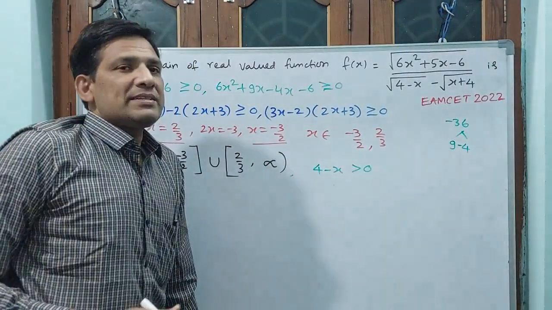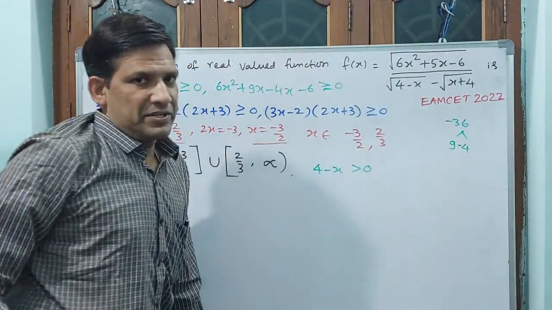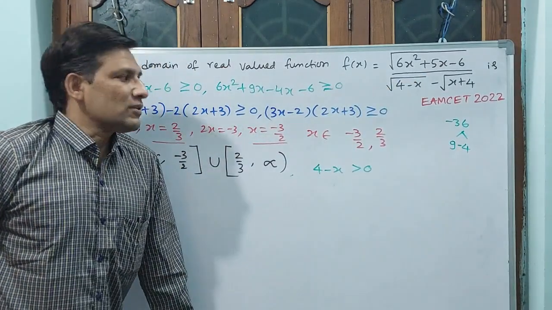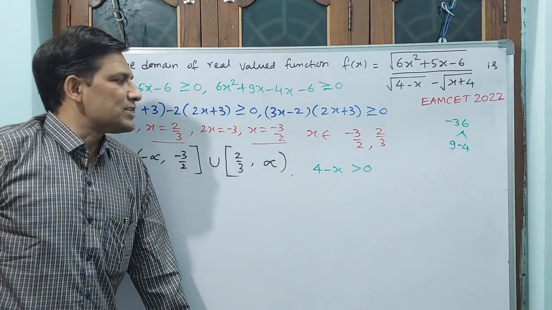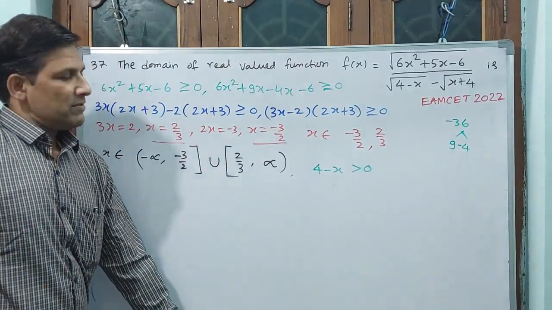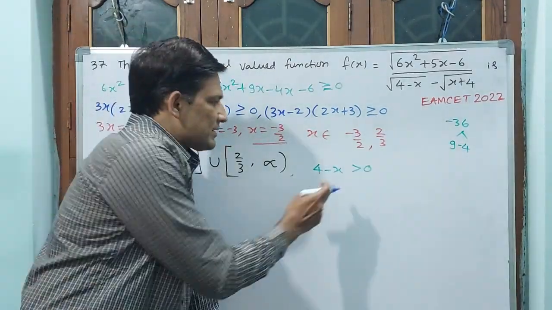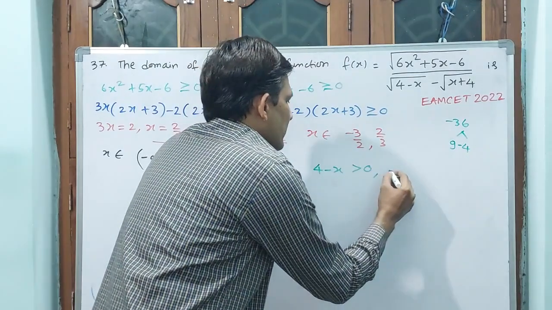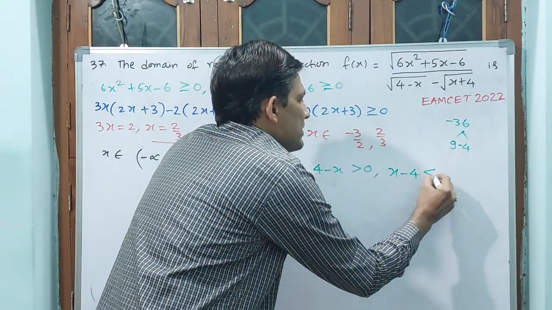Okay, you see 4 minus x is greater than 0 as per this first one. The denominator has two functions, so two sub-functions. First sub-function, 4 minus x should be greater than 0. Then only the square root is defined, or else the square root is not defined. Okay. See what I am doing, x has a minus sign. I am multiplying with minus on both sides. x minus 4 will be less than 0.